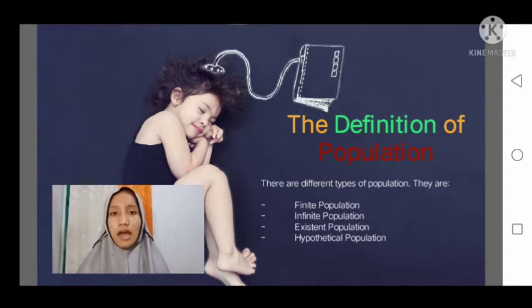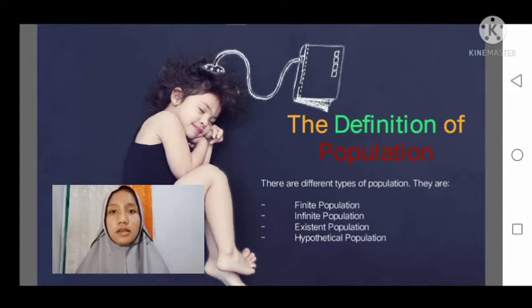For the first type is finite population. The finite population is also known as a countable population in which the population can be counted. In other words, it is defined as the population of all the individuals or objects that are finite.